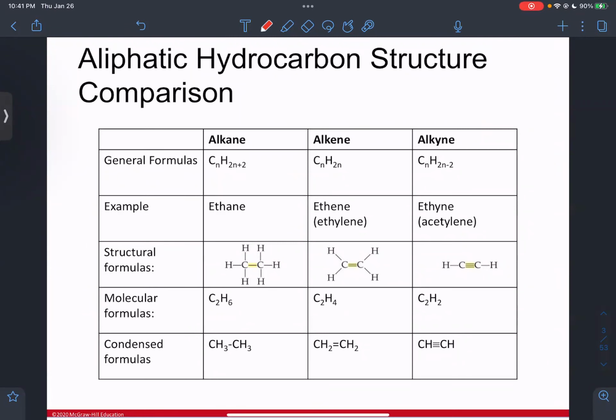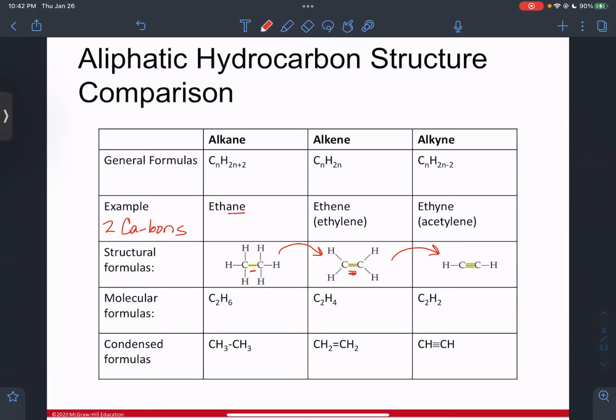All these examples are going to have two carbons. If you have two carbons and they're all carbon-carbon single bonds, you have ethane. If you add an additional bond, going from single to a double, you lose two hydrogens, gain that double bond, and you will be ethene. You go again, you lose two more hydrogens, you gain another bond between two carbons, and you become ethyne.